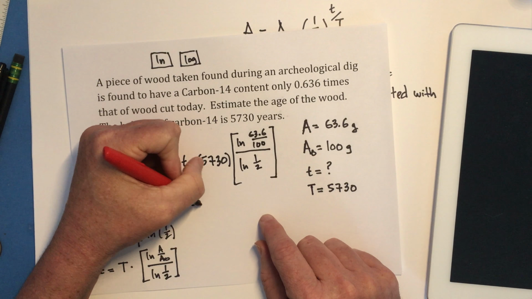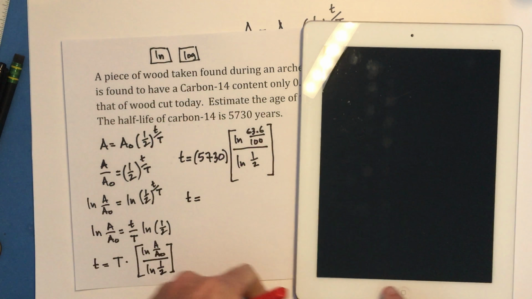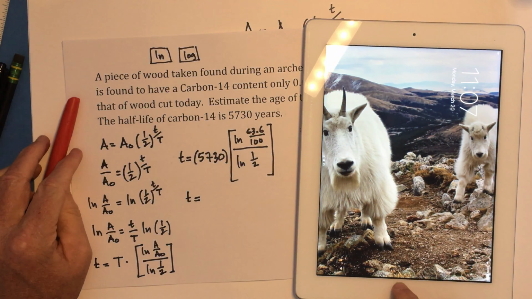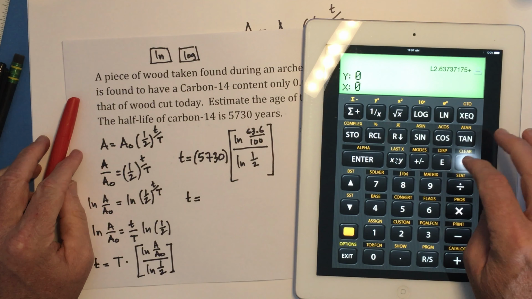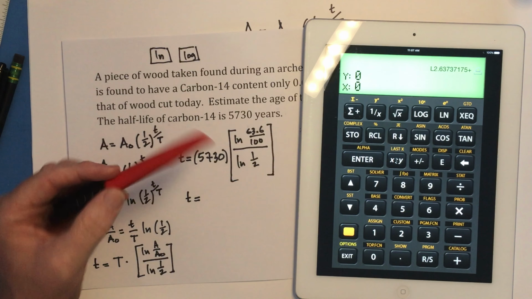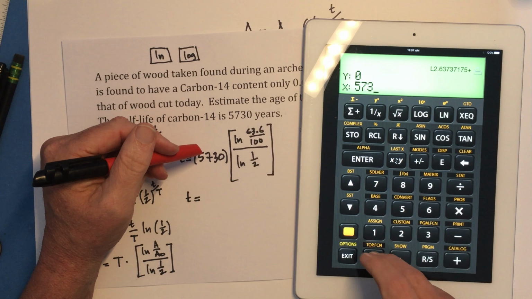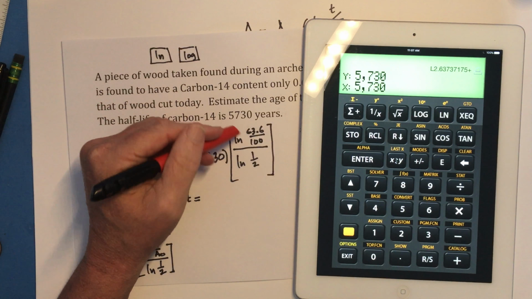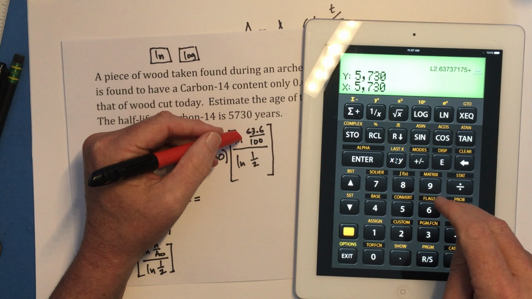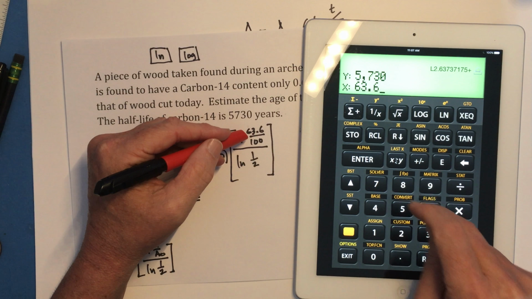Okie dokie. That means t must equal, let's get out the calculator now. Again, your calculator will calculate things slightly differently from mine, but all the buttons should largely be the same. It's just a matter of how it's done. So I will take 5,730. I will enter that. Now I will take 63.6, enter that.